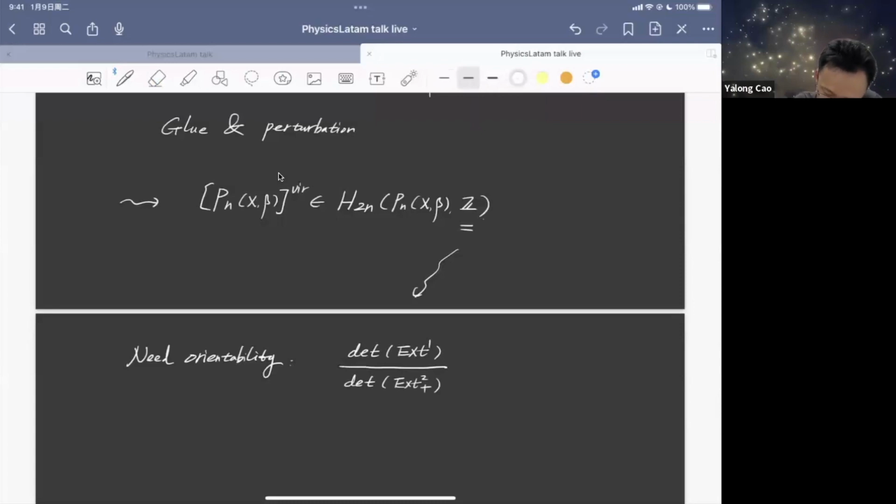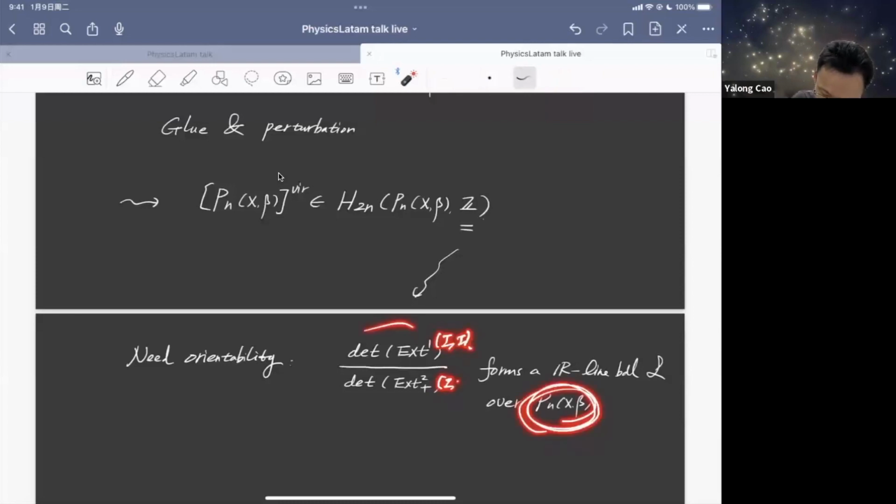So these two lines, you can consider the quotient, and they form a real line bundle over the moduli space. Because I didn't write I here anyway. So at any point here, there's this determinant.